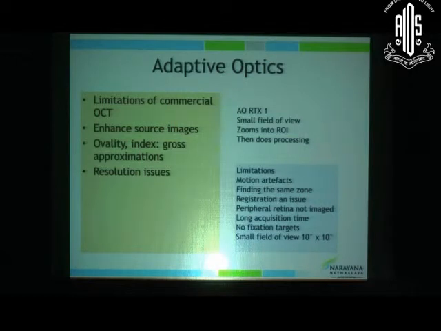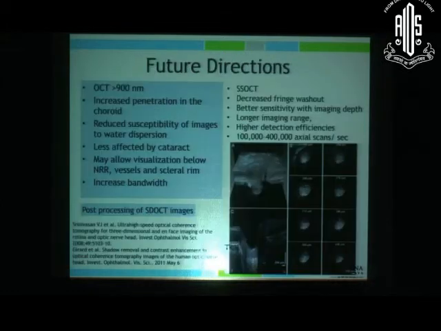You realize that there are obvious motion artifacts, and a small motion artifact creates a largely unusable image. The peripheral retina cannot be imaged, the acquisition times are kind of long right now, there are no clear usable internal fixation targets yet, and as I mentioned, the field of view can be small.